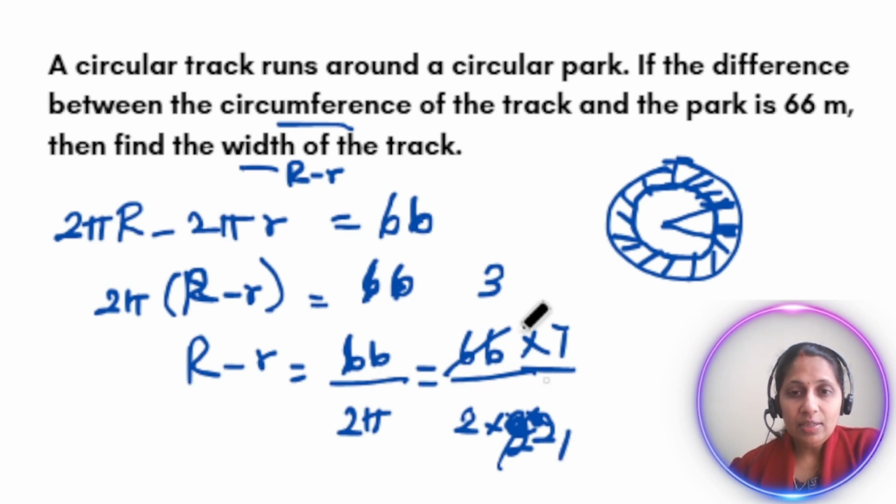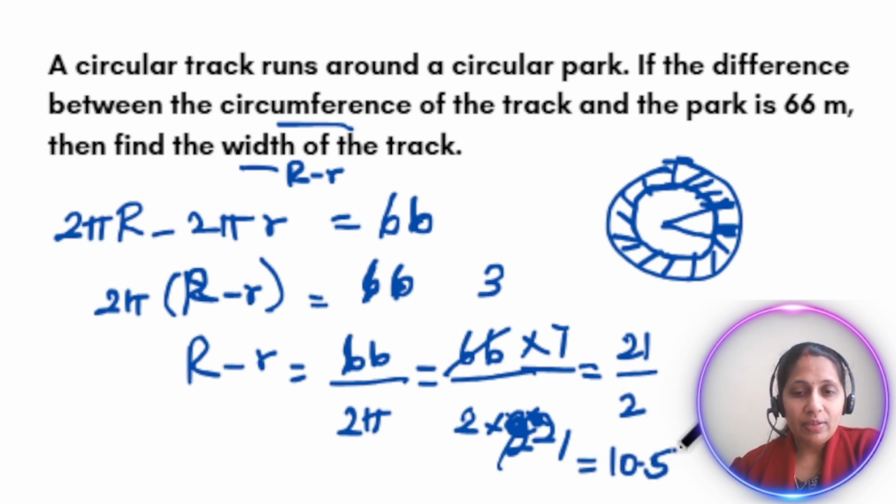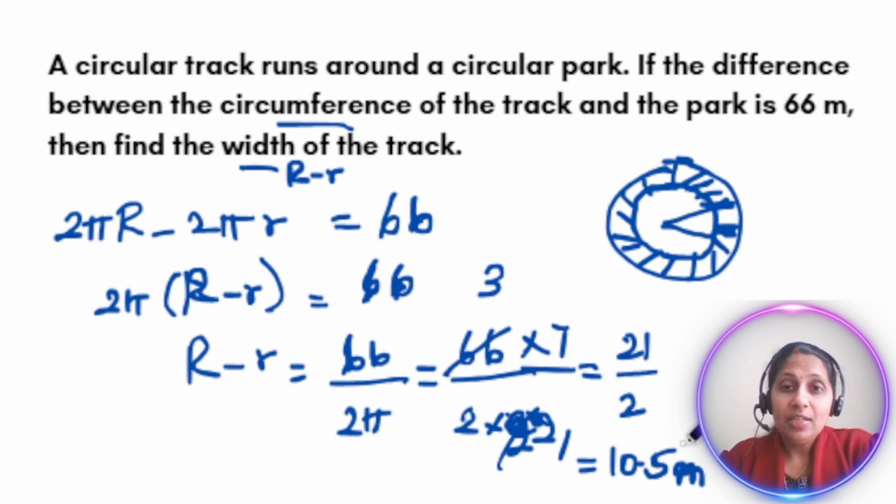So this is 1 time, this is 3 times. So it's simply 21 by 2, which is equal to 10.5 centimeter, no, meter. 10.5 meter. So this is the width of the track. Easy. Once you understand the concept, the problem becomes very easy, right?